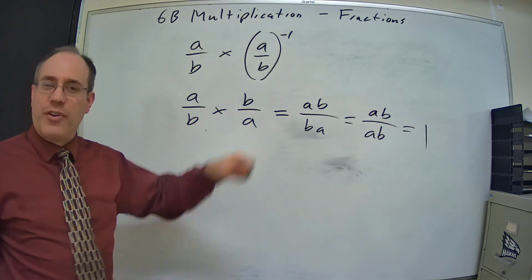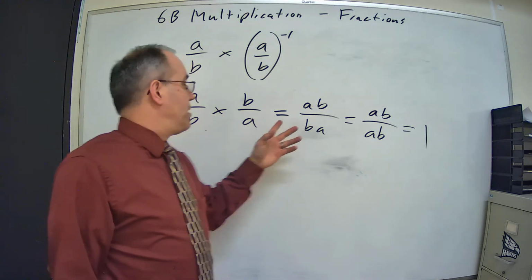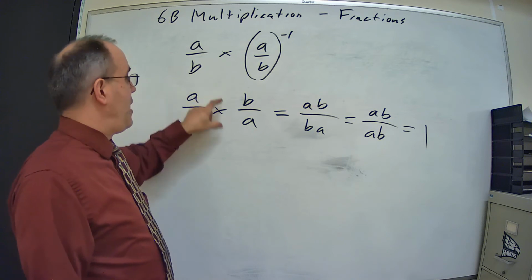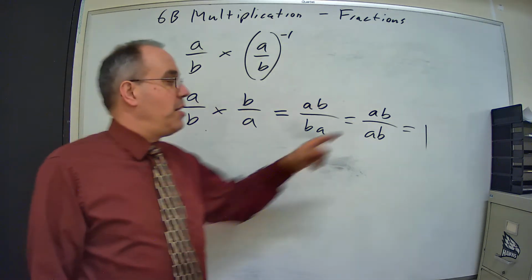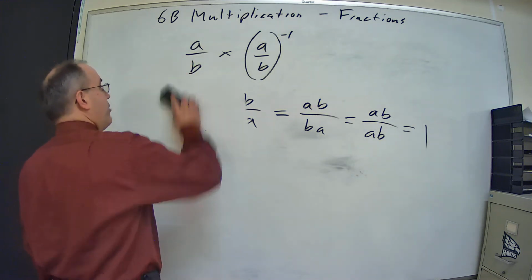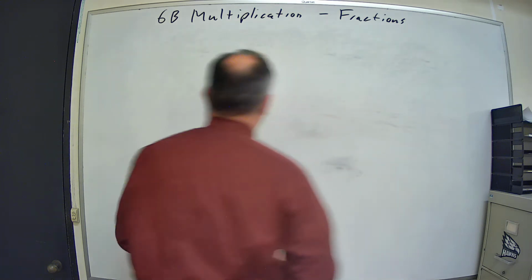I know you don't like the variables. That's okay. You'll survive. But all I'm showing here is that if you take a fraction and multiply it by its reciprocal, you will get 1. And we can see that easily enough by doing a quick example.